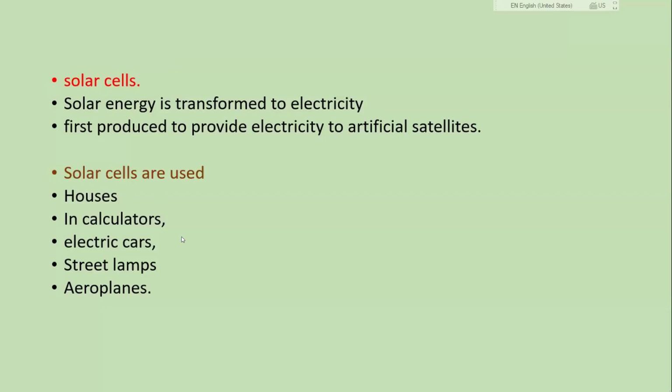Solar cells are used in houses, calculators, electric cars, aeroplanes, street lamps.